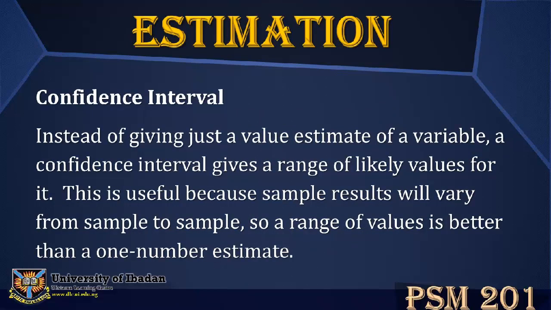Confidence interval. Instead of giving just a value estimate of a variable, a confidence interval gives a range of likely values for it. This is useful because sample results will vary from sample to sample, so a range of values is better than a one-number estimate.